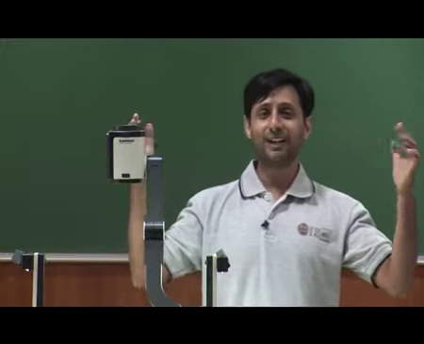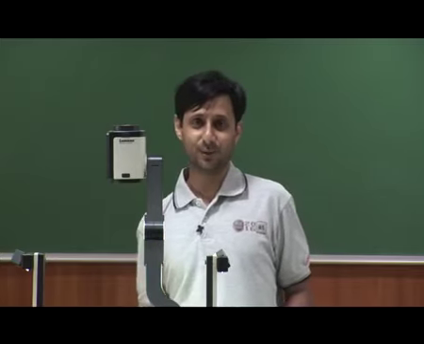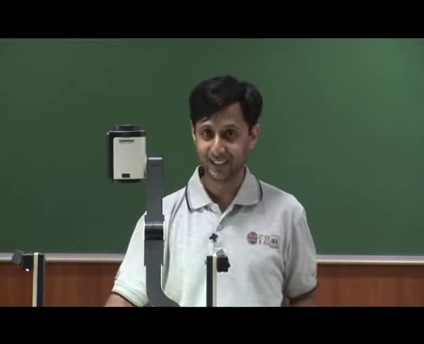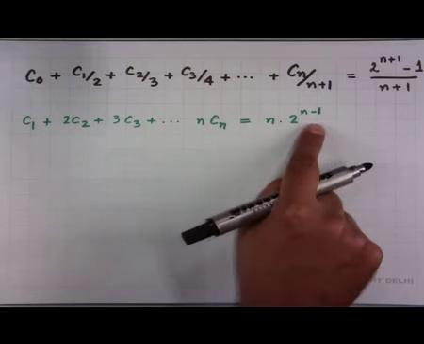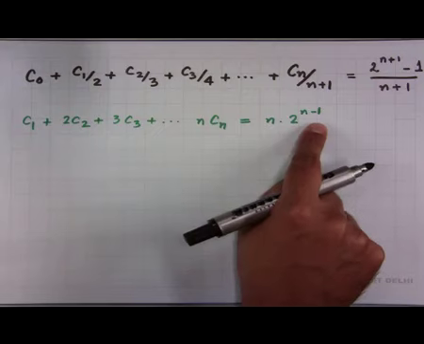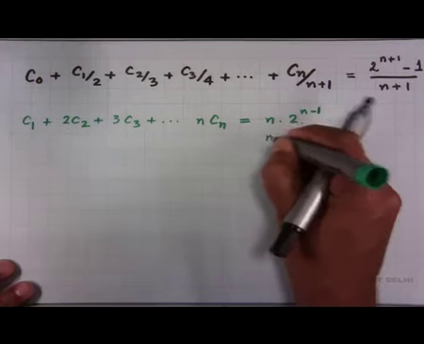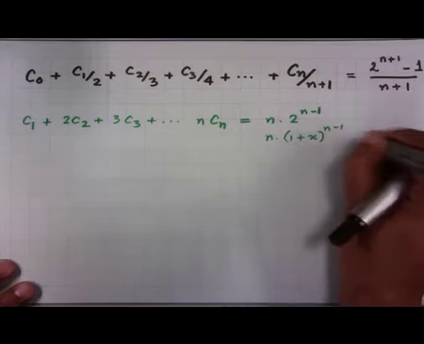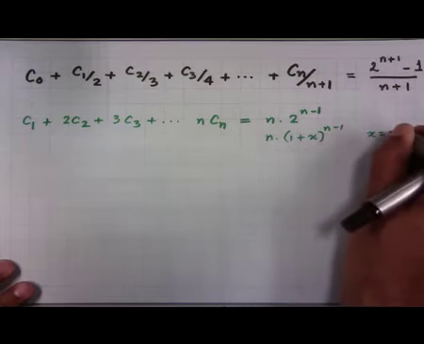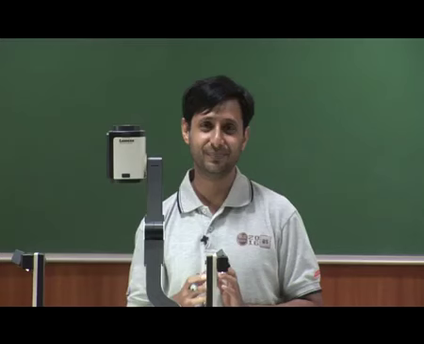We looked at 1 plus x whole power n, and then we differentiated 1 plus x whole power n. That gave me n into 1 plus x whole power n minus 1, and then I plugged in x equal to 1. That is how we had arrived at this result.